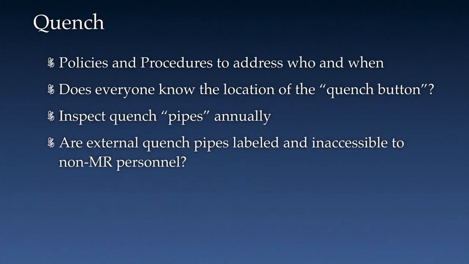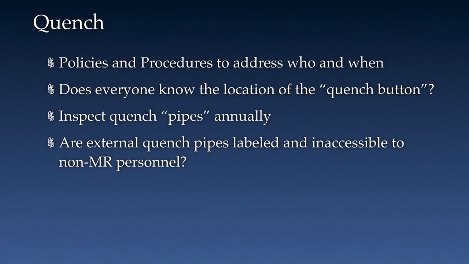With regard to a quench, you need to have policies and procedures in place that address who can quench and under what circumstances. I have performed MR safety audits at sites where not all of the technologists knew the location of the quench button, nor were they familiar with their own policies relating to the quench itself.